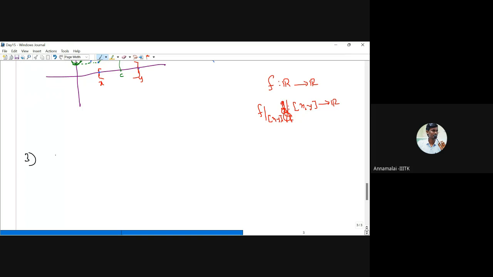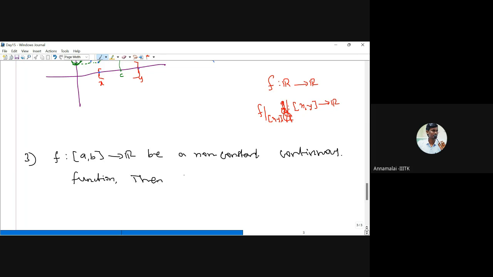Suppose we have a non-constant continuous function f from the closed interval a, b to R. Then the image of this interval, f of the closed interval a, b, is an uncountable set. That is, it contains an uncountable number of points.